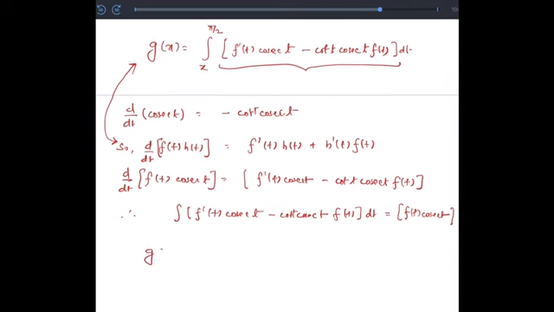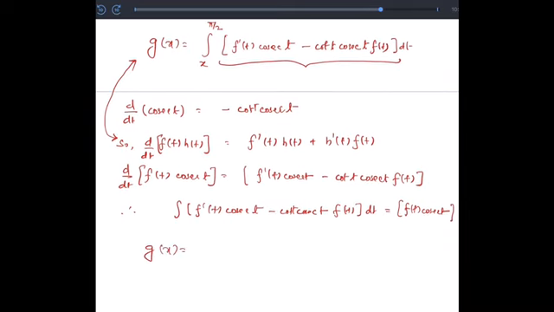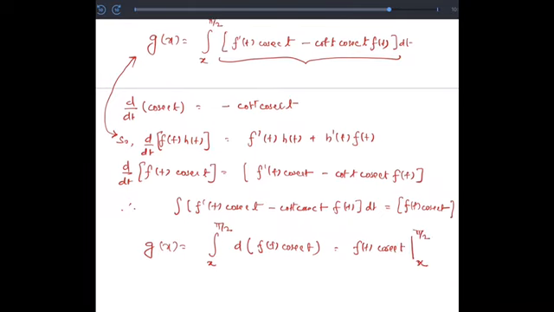So my g of x will then become integration from x to pi by 2 of d of f of t into cosec of t, which finally comes out to be f of t cosec of t from x to pi by 2.